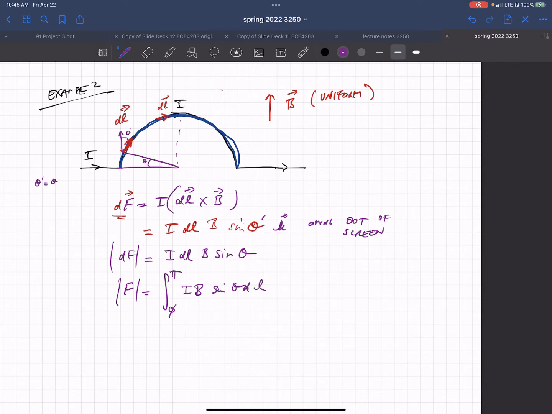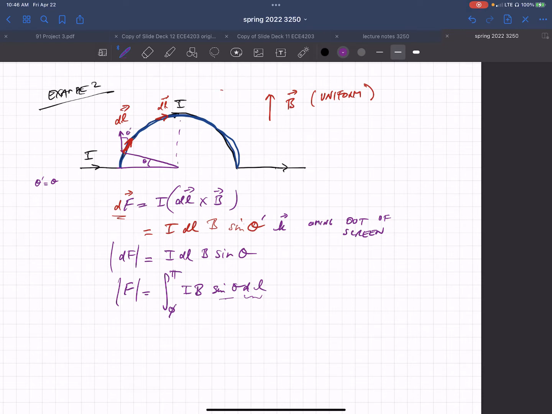Now I've got this dl, which I probably want to put in terms of d theta to be able to integrate.